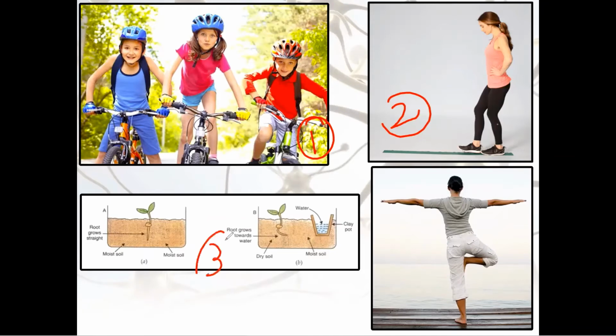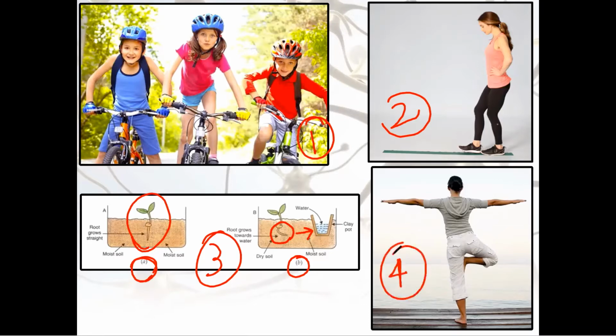In the third, plant A and plant B: in A, a small sapling is grown in soil, while in B you can see the movement of a root towards water. And in the fourth, a person tries to balance.